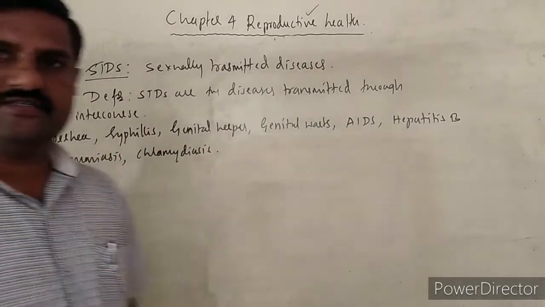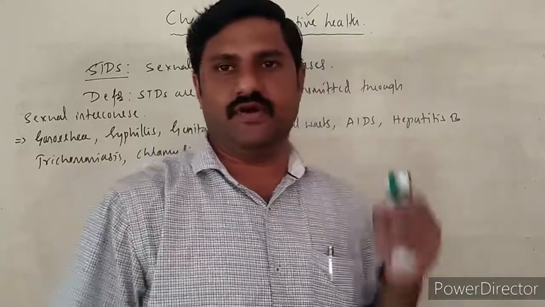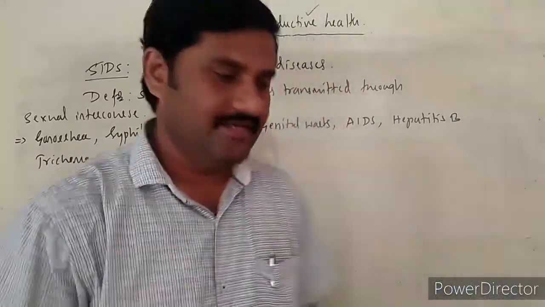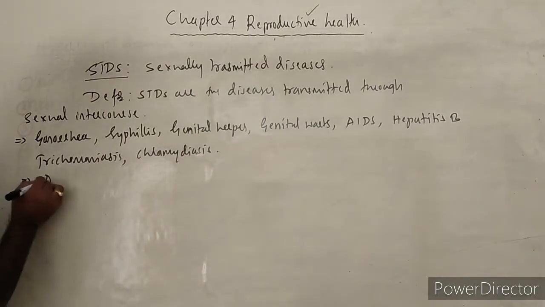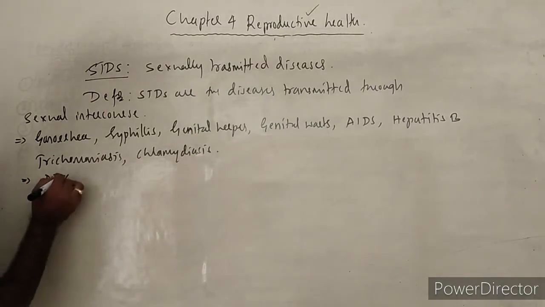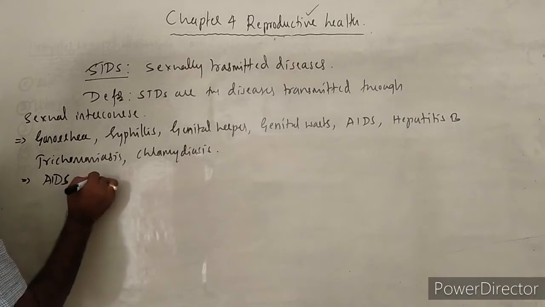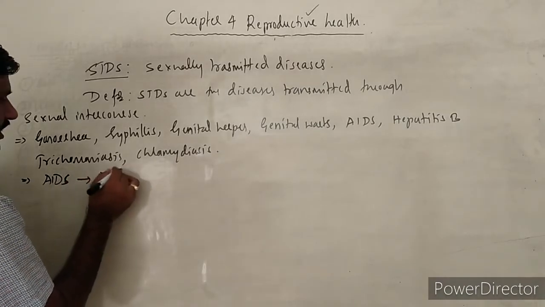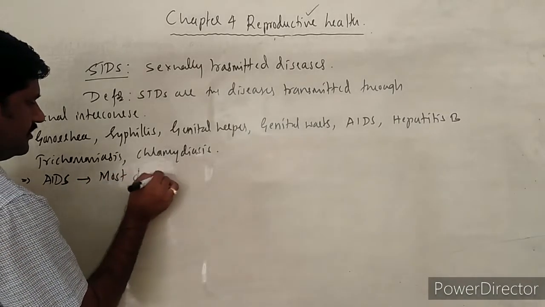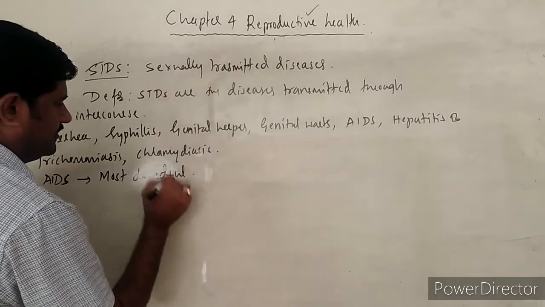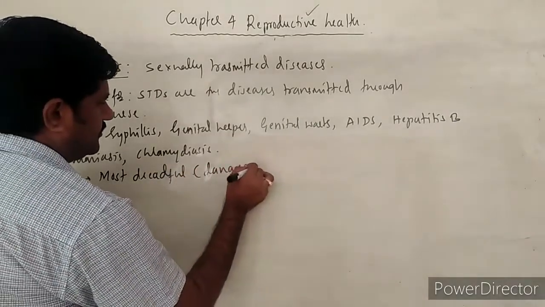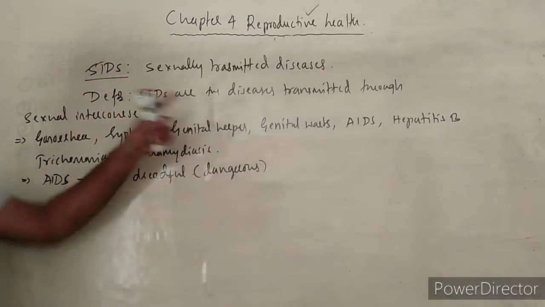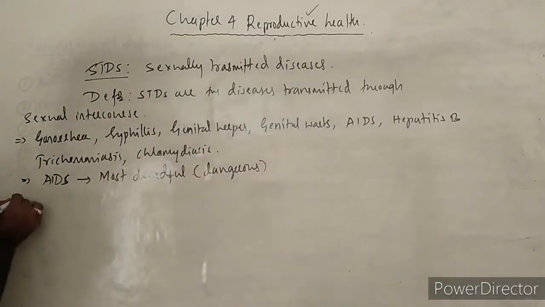Such kind of diseases are all considered as STDs itself, right? So among all these STDs, AIDS is said to be the most dreadful or dangerous disease amongst all these STDs.